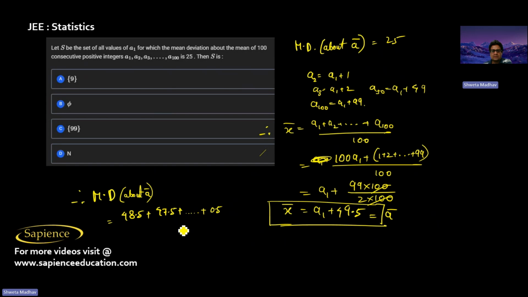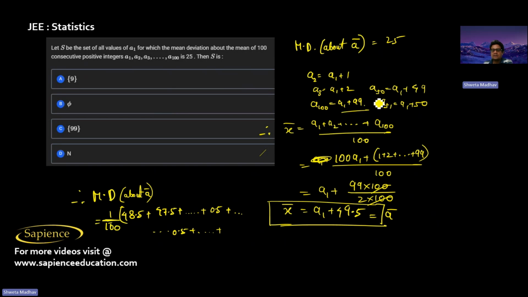Then we have to do mean deviation, which means 1 by 100 of this. When we have A51, that will be A1 plus 50, so if we subtract, we will also get 0.5. Then A52 will be A1 plus 51, minus this, so that will be again 1.5. So this will repeat.